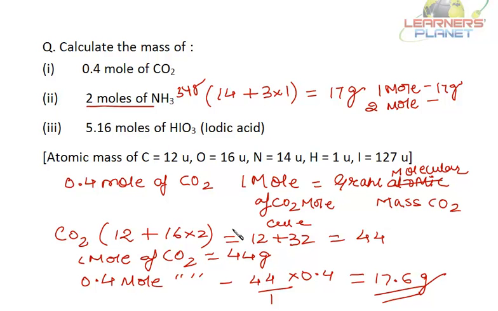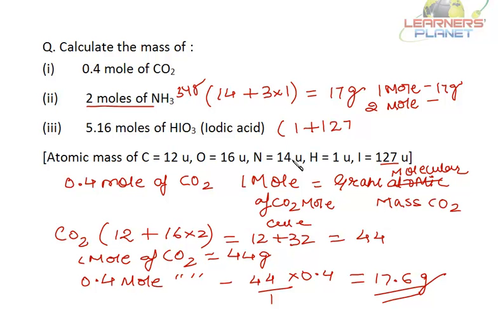I hope you can do this. Now 5.16 moles of HIO3. For this, simply find out the gram molecular mass of 1 mole of HIO3. So it would be 1 plus I. Iodine mass is 127. We are finding out the gram molecular mass, so we are taking the gram atomic mass equivalence here.